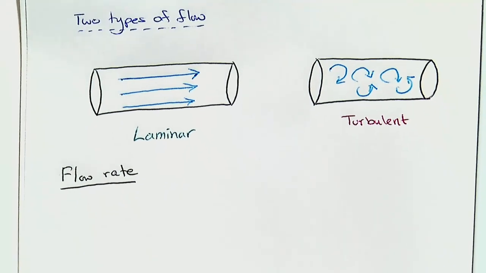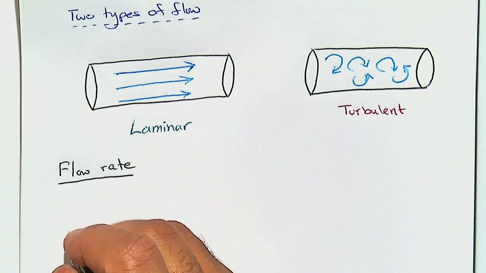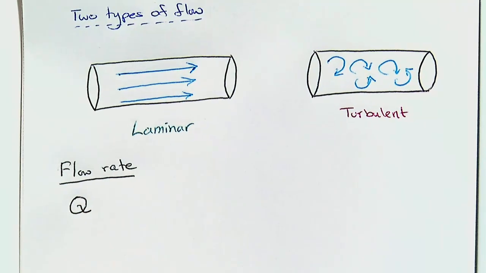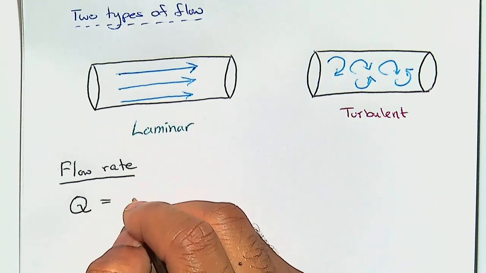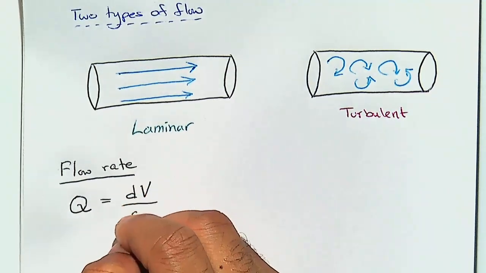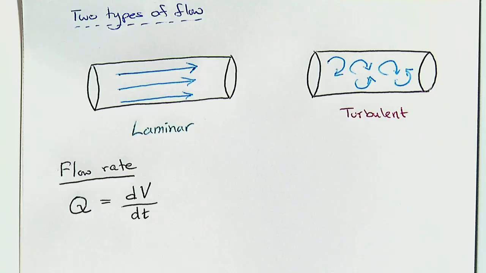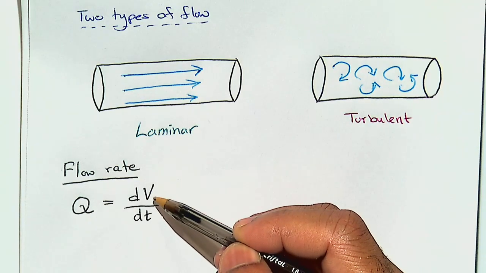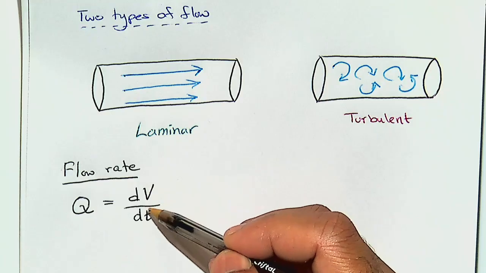How much of a fluid is getting across? We're going to say that flow rate is Q, and that's described as the derivative of volume with respect to time, right? So be careful, V here is not velocity. This is volume.